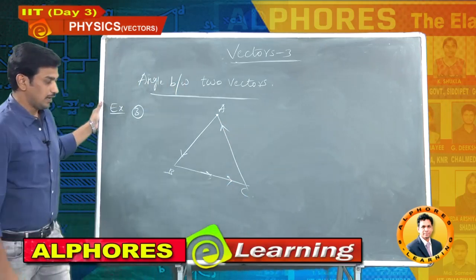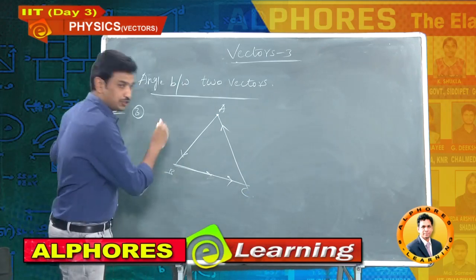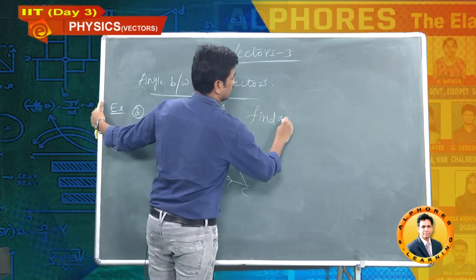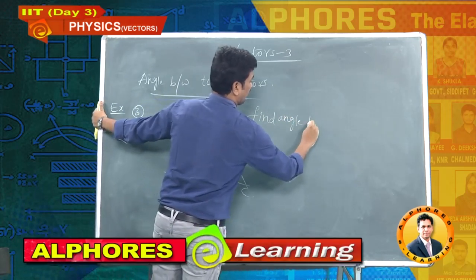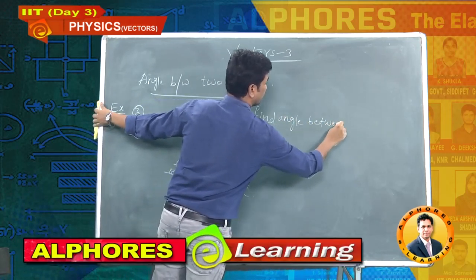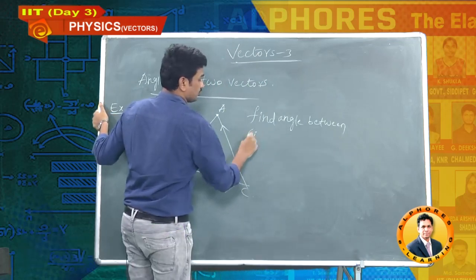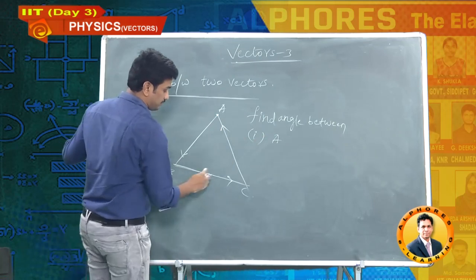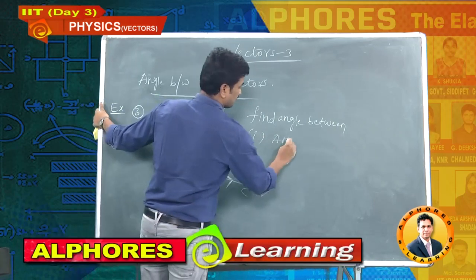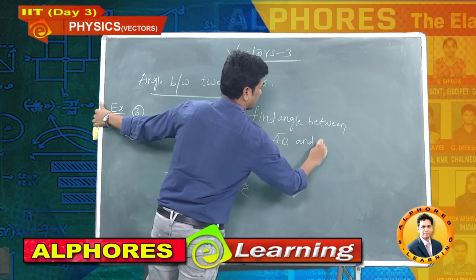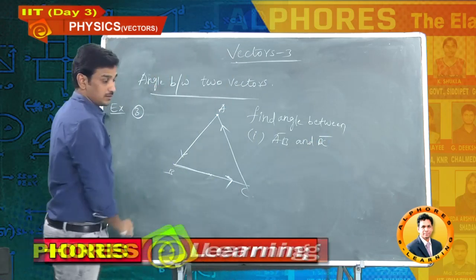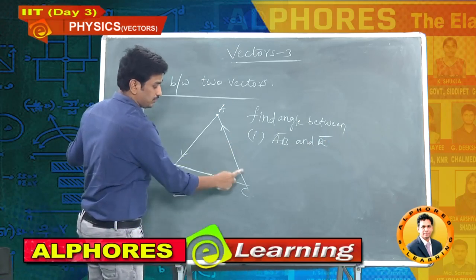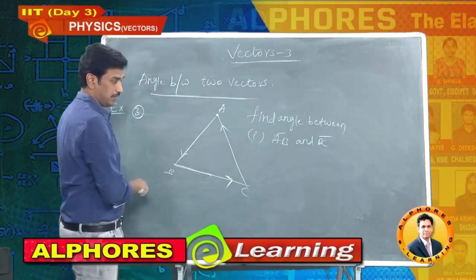Now, I am asking you to find the angle between, first question, AB bar and BC bar. Second question, angle between BC bar and CA bar. Third question, angle between CA bar and AB bar.